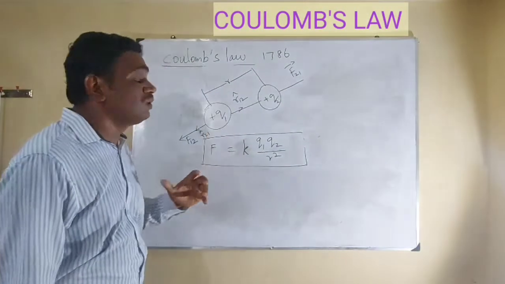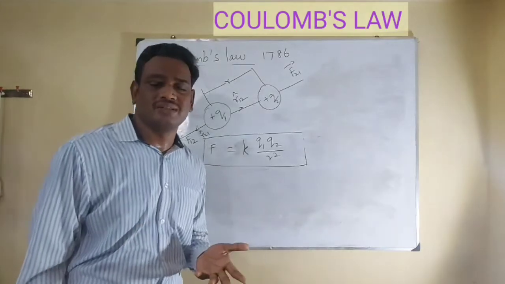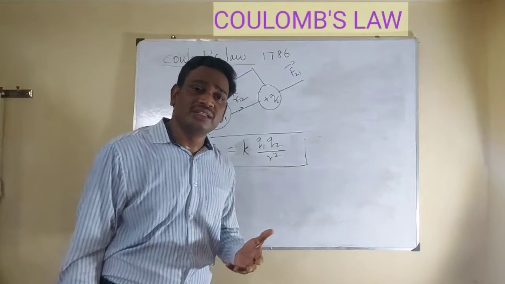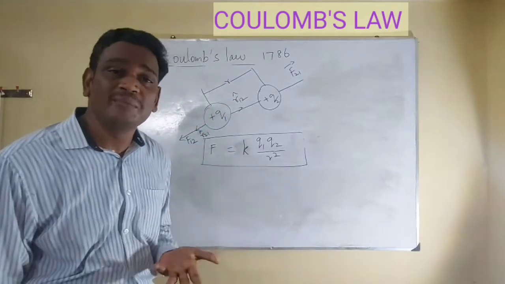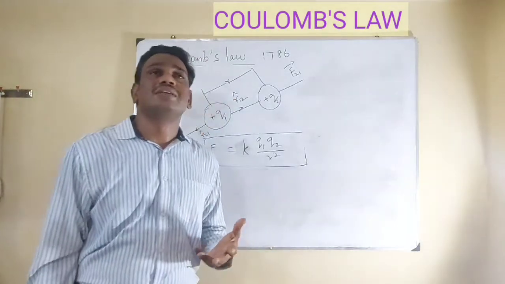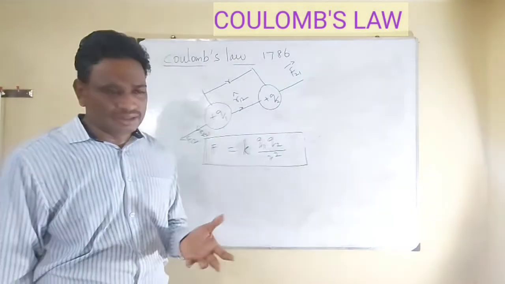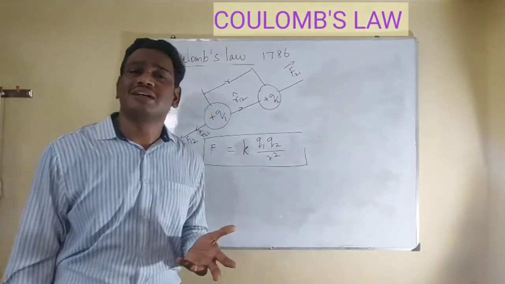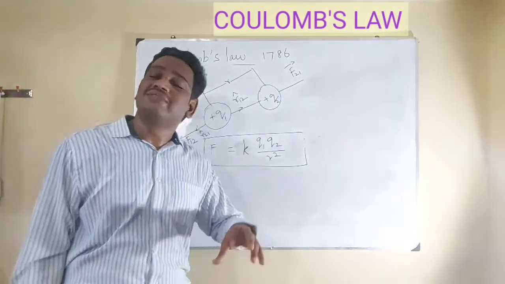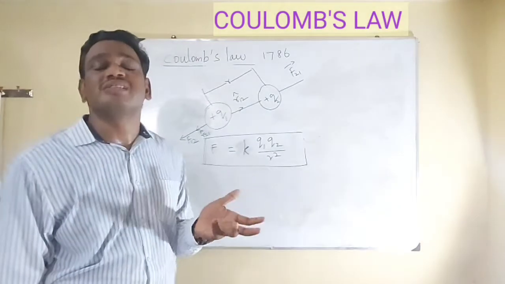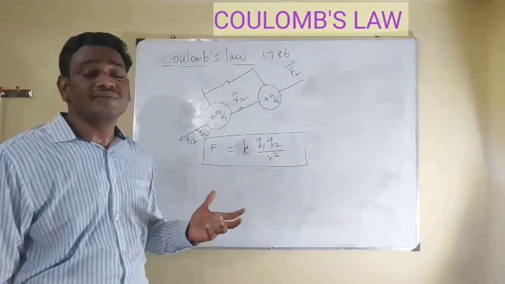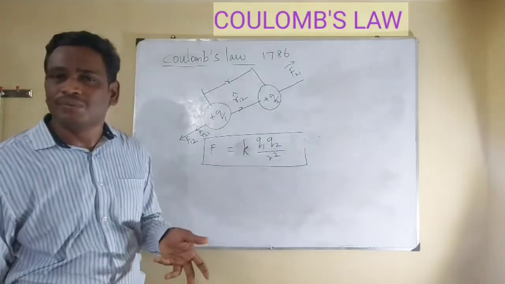Coulomb's law is only valid for point charges. What is a point charge? In 11th standard, in the 6th lesson, we studied about point masses. That is the distance between Earth and Sun. Here the masses of Sun and Earth are considered as point masses because the size of the object is very small compared to the distance between Earth and the Sun. So if the distance is very large, then we can consider the mass as a point mass.